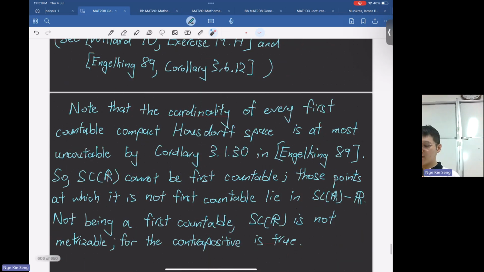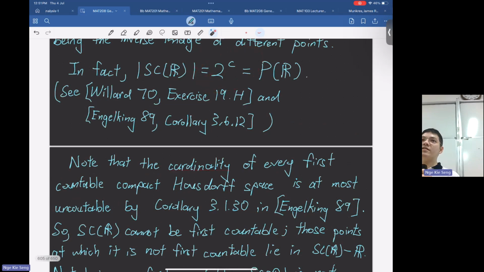So what space is this? In the same old reference, Engelking, they prove that the cardinality of every first countable compact Hausdorff space is at most that of the continuum. So if you put first countable, compact, and Hausdorff together, this set can be at most of that size only. But the Stone-Cech compactification here is much larger.